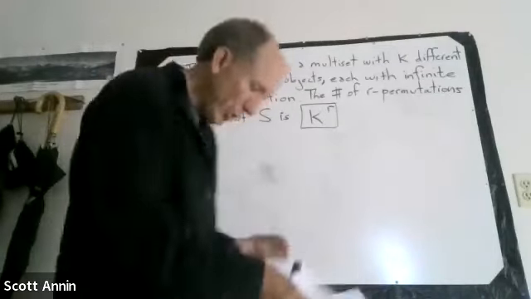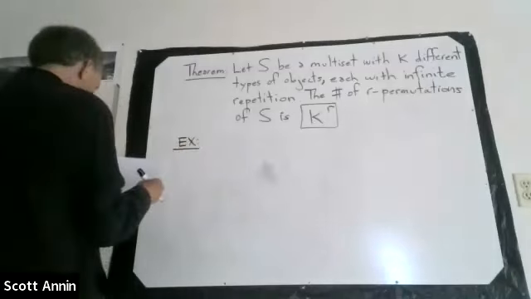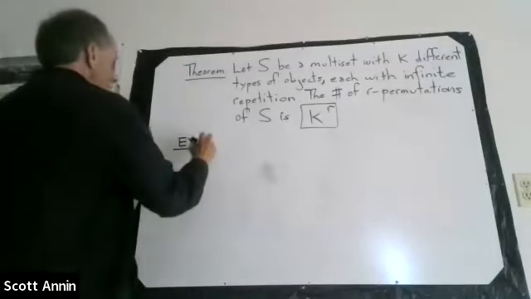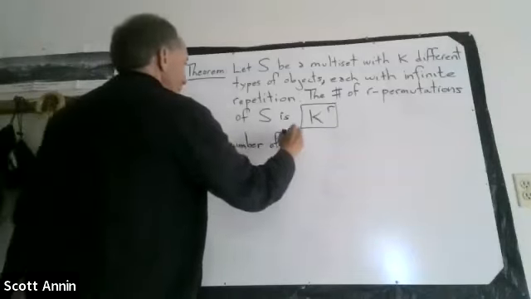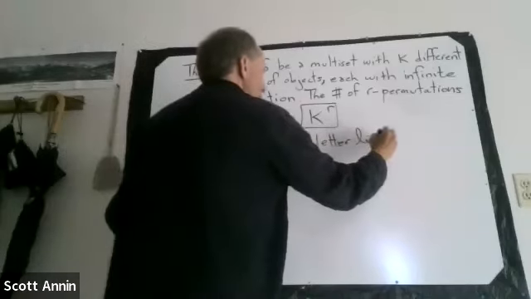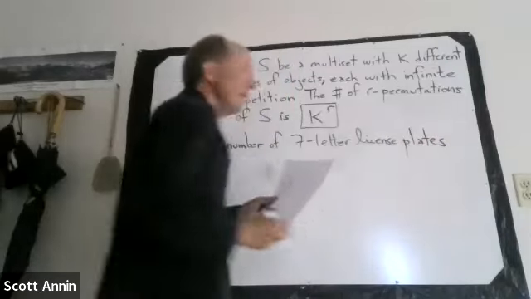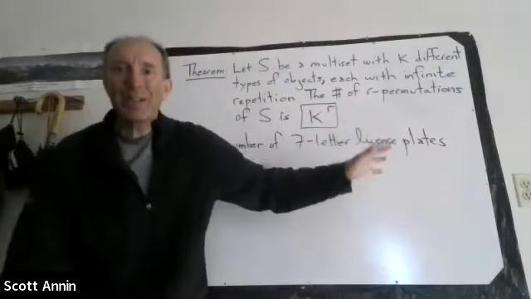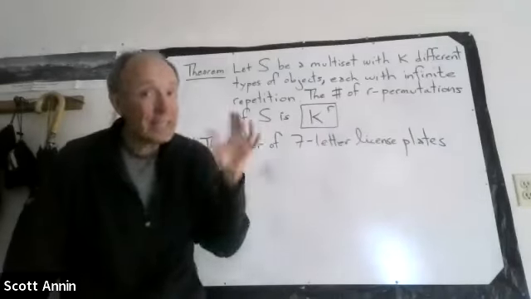So I mentioned license plates, for example. That just is a really simple example of this theorem. The number of 7-letter license plates. Unless they tell us that the letters have to be distinct. If the letters have to be distinct, that's a different story.